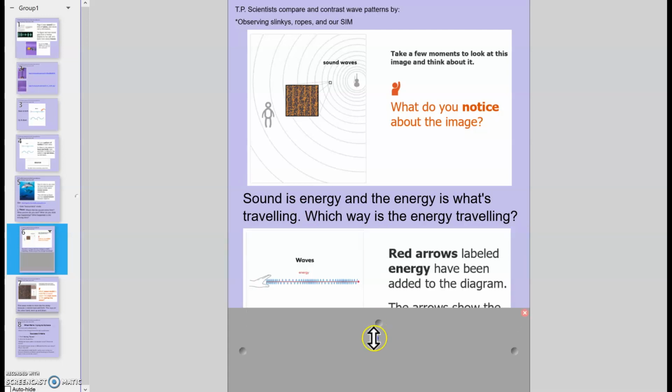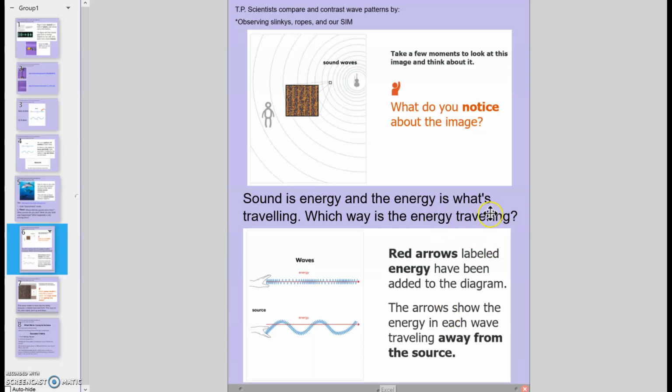Well, in all three examples that we've looked at, the energy travels away from the source. Here, the sound waves travel away from the instrument. In the slinky, the waves travel away from the hand. And again, in the rope, the waves travel away from the hand. So now we know that waves travel away from the source.